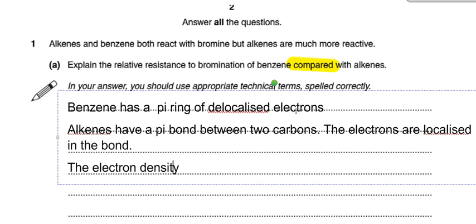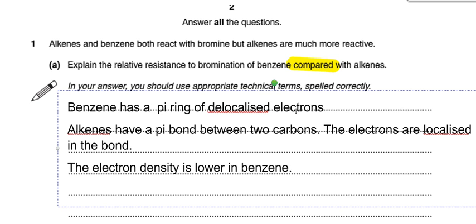The electron density is higher in alkenes, lower in benzene. What does that mean then for the attacking electrophile?